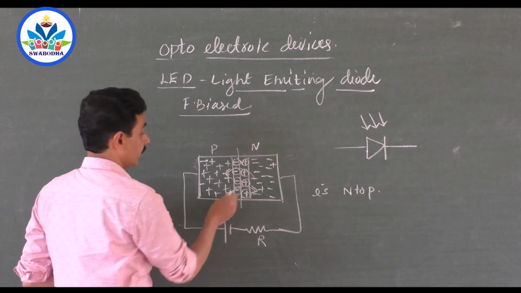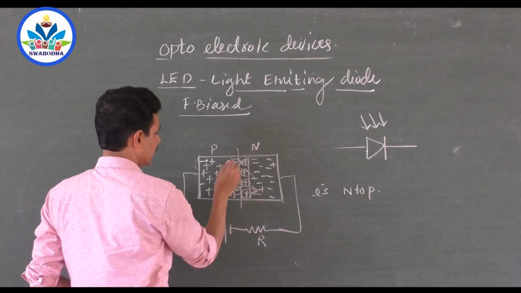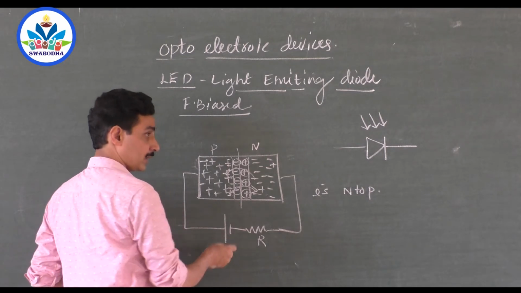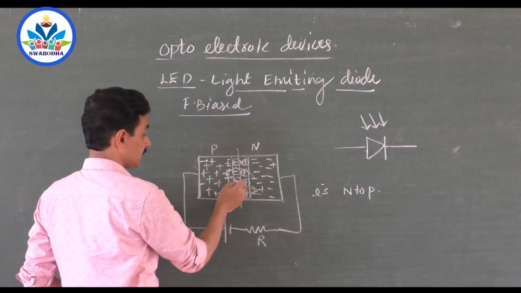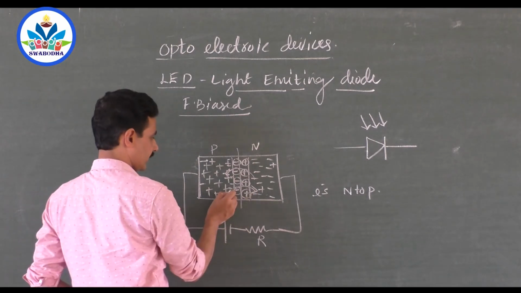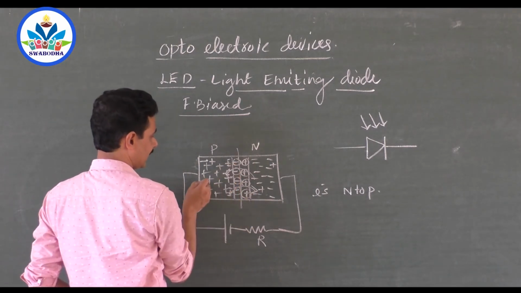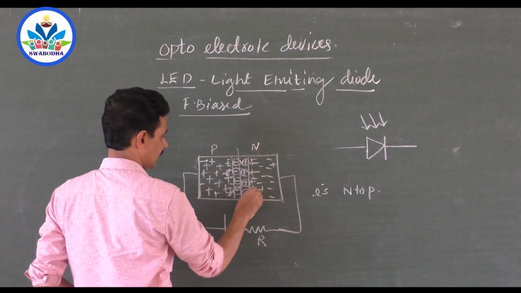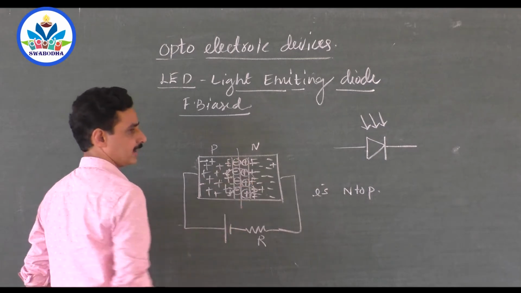This is because of biasing, not because of initial diffusion, because initial diffusion has caused the depletion layer. Because of biasing, these electrons have come here. They are the minority carriers for this region. Similarly, holes will accumulate near the junction, and they are minority carriers.